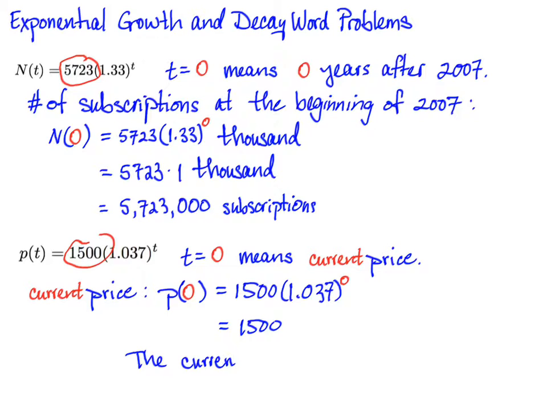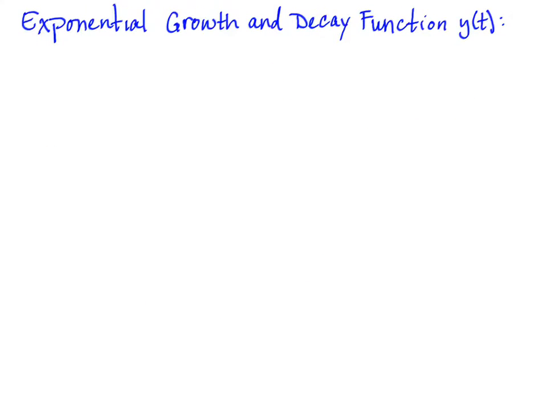So the current price of the item is $1,500. So we're learning how to get a function if we know some information about the quantity that we're describing. So let's summarize what we've seen so far.